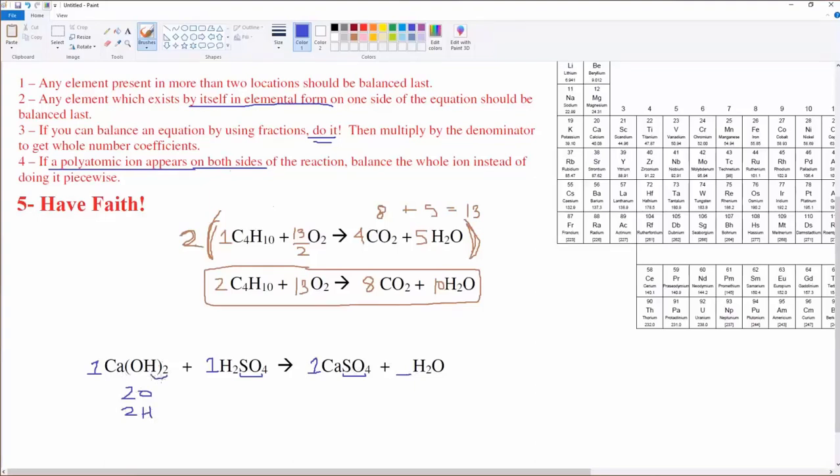Of course, this gives me 2 O's and 2 H's. Here, I'm going to ignore my sulfates because I already balanced them. But I do see here, I have 2 more H's. So in my product, I need to be able to account for 4 hydrogen atoms and 2 oxygen atoms. And I can do that really easily with a 2 there.